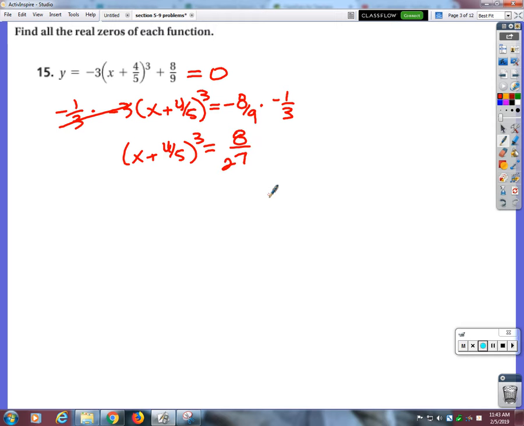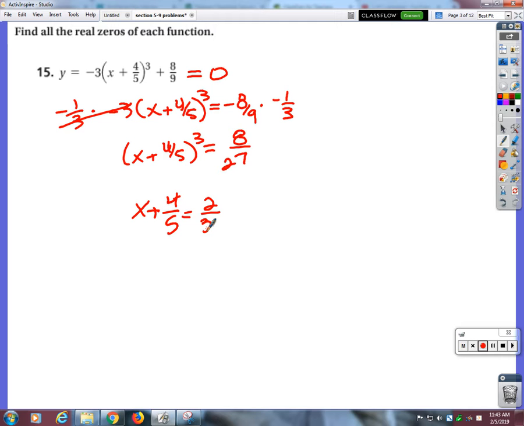Now I'm sure that as soon as you saw that, you were like, oh my gosh, this is totally awesome. Because what's my next step? To cube root both sides. But what's the cube root of 8? 2. And what's the cube root of 27? 3. So this works out to be an actual answer, not some crazy weird cube root thing.